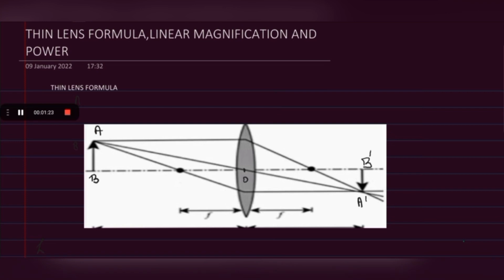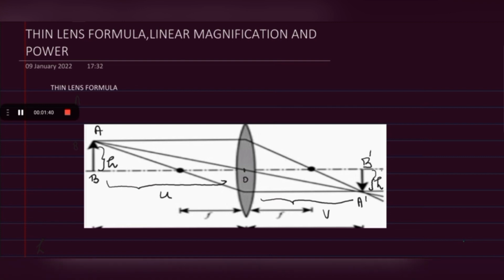This will be the height of the object, and B dash A dash will be the height of the image. Your object distance will be from B and your image distance will be from B dash with respect to the optic center.